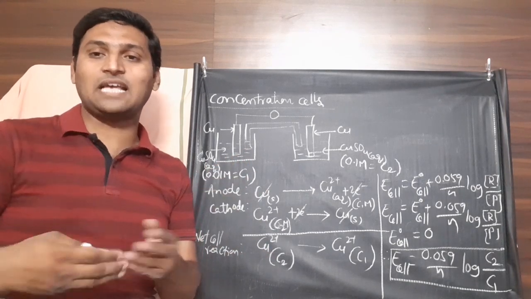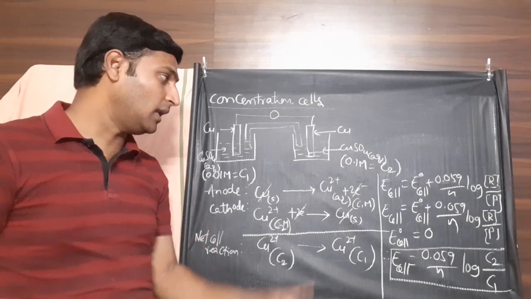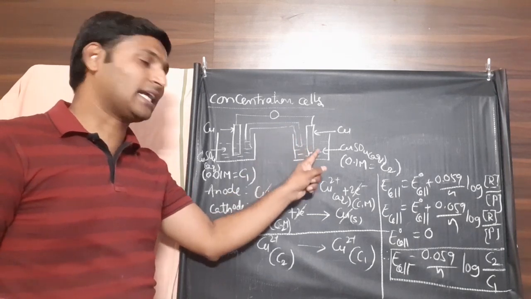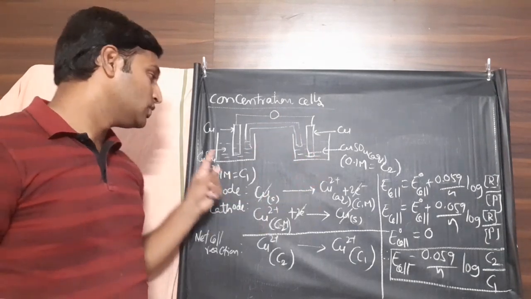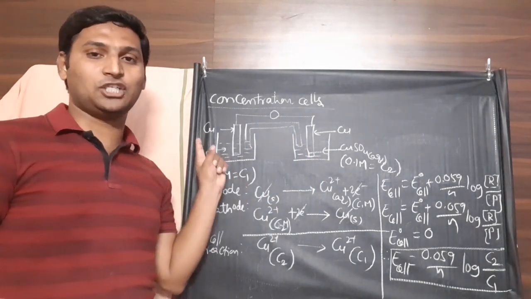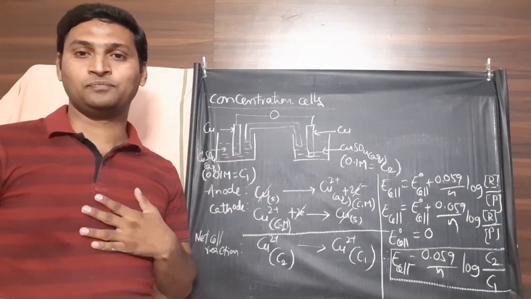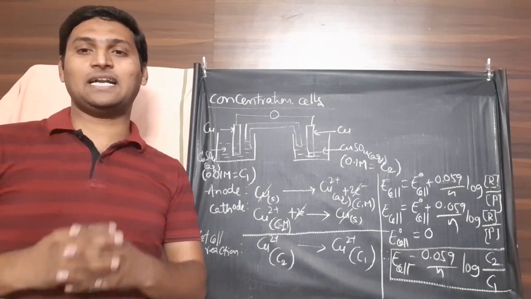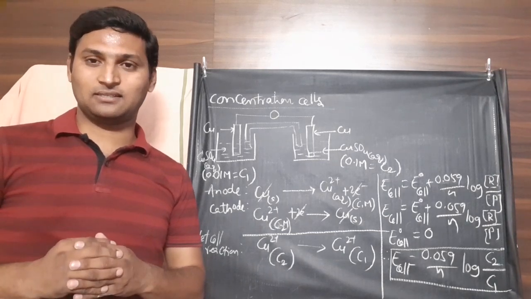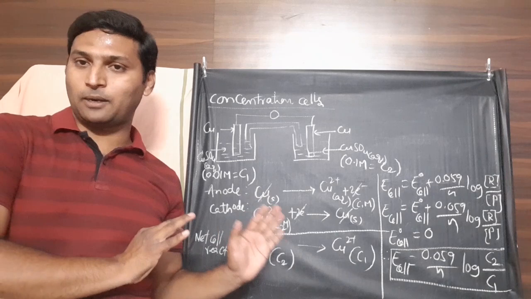That means which is anode and which is cathode. And always remember, the solution having higher concentration of cations is cathode, and the solution having lower concentration of cations is anode. That is the introduction and basic understanding of concentration cells. But we will not leave it abruptly here.